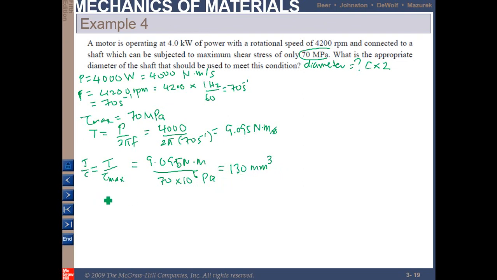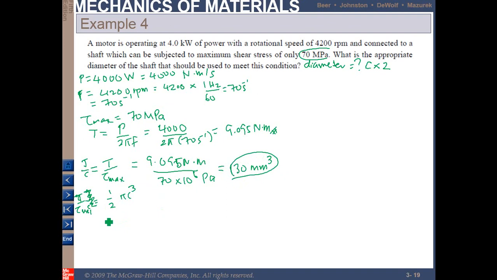And for a solid shaft, you know that previously J over C is equal to 1 over 2 pi C cubed, or J over C is equal to torque over shear max, in which torque over shear max is this value.